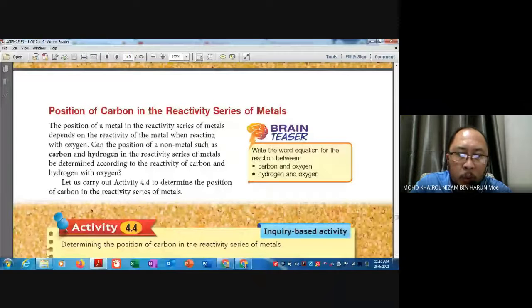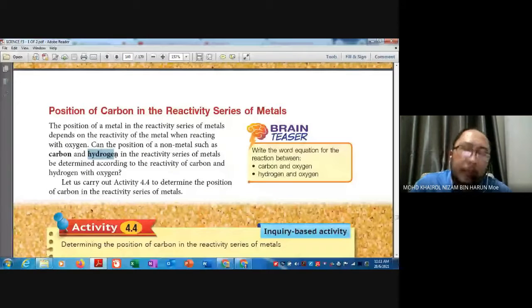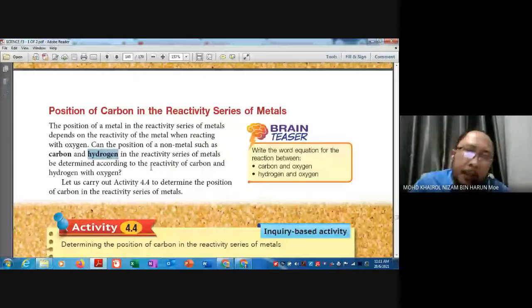Even though these two non-metal elements are not metals, we have to put them into the reactivity series of metals because they can react with oxygen, and also they can react with the metals or the compounds of these metals.